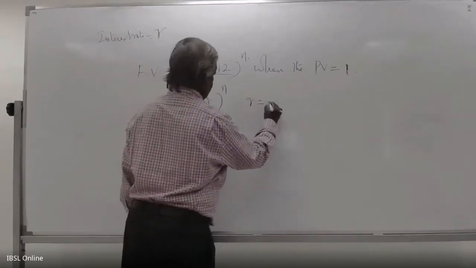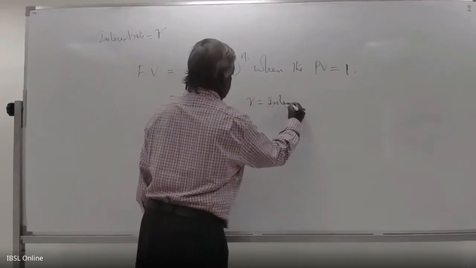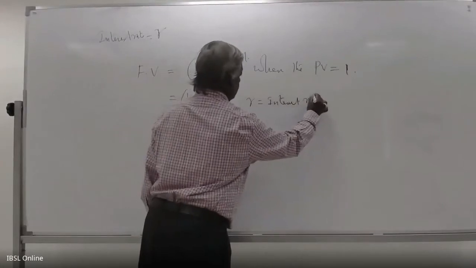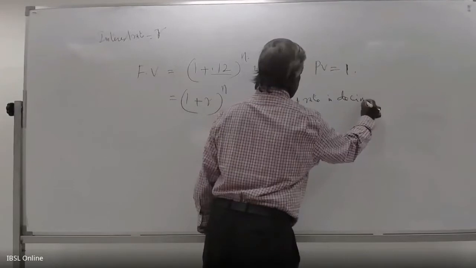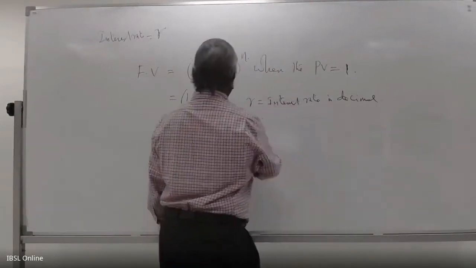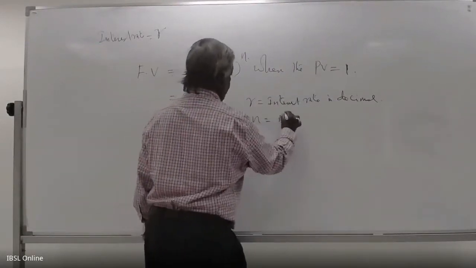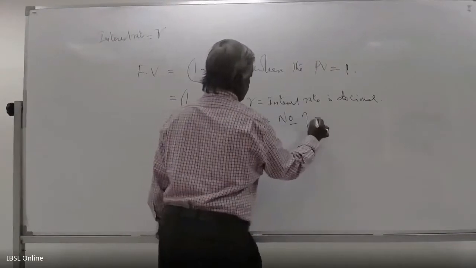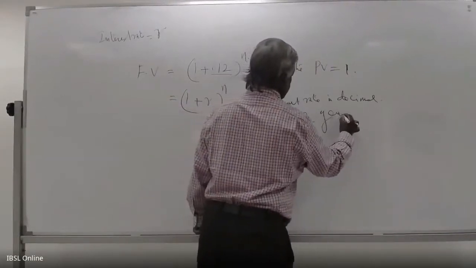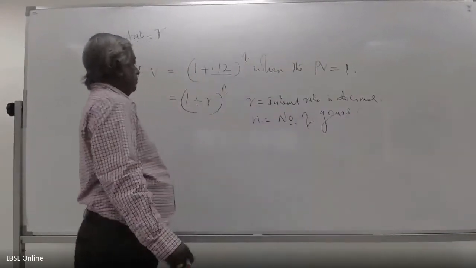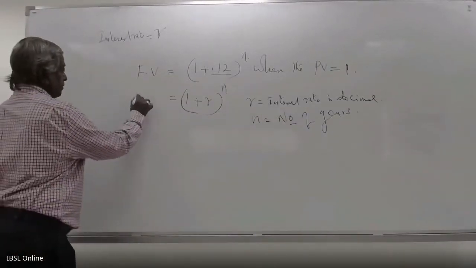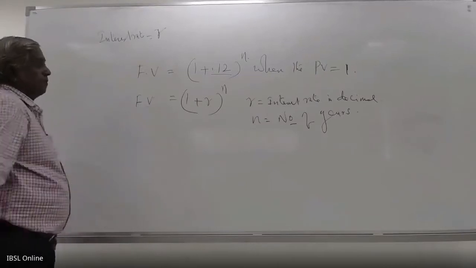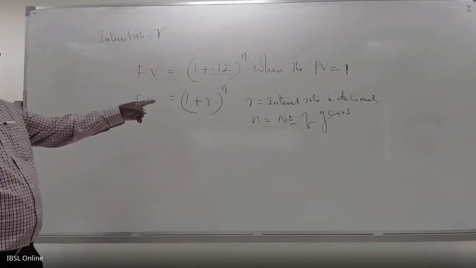where R is the interest rate in decimal, and n is the number of years. This is for 1 rupee, when PV is 1 rupee.